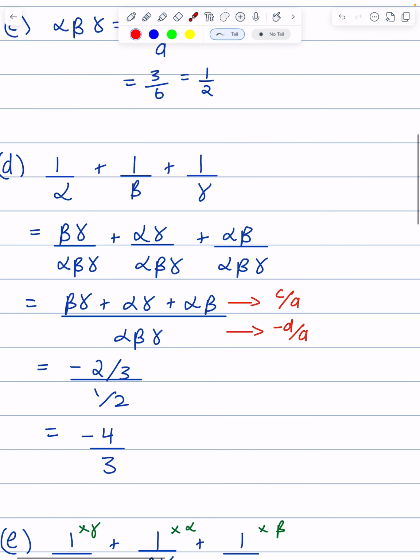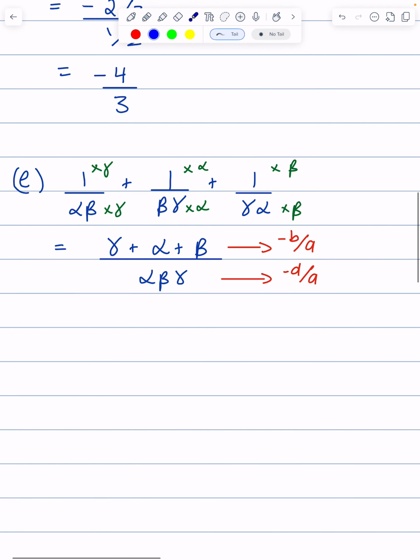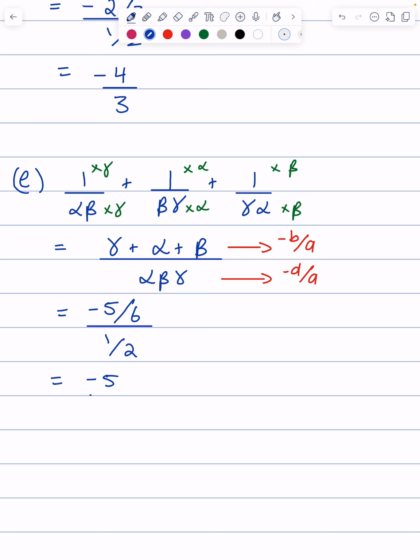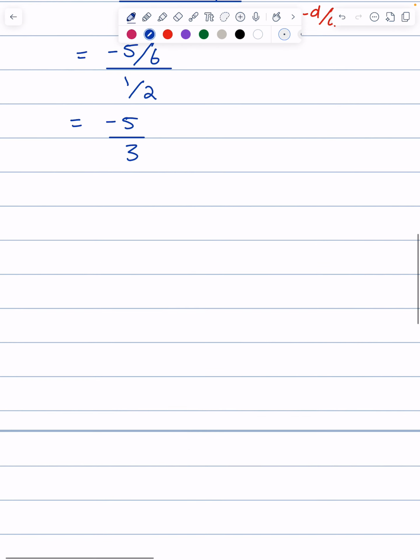So here my numerator is negative 5 over 6, all over the product of the roots, which is 1 over 2. So here what I end up with is minus 5 over 3.